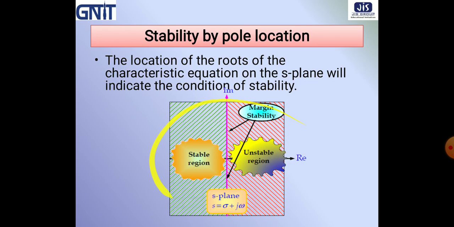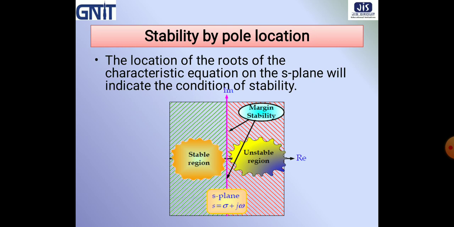In this figure we concluded that if the poles are present in the right half of the S plane, that means in this red shaded area, then the system is unstable. The red shaded zone is the unstable region, and if the poles are present in this green shaded area, that is the left half of the S plane, then the system will be stable.